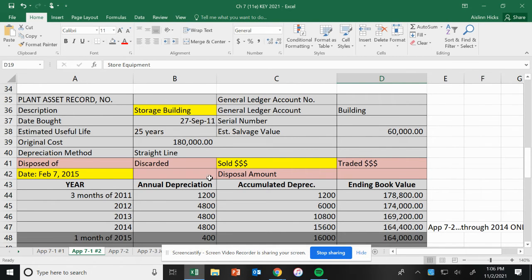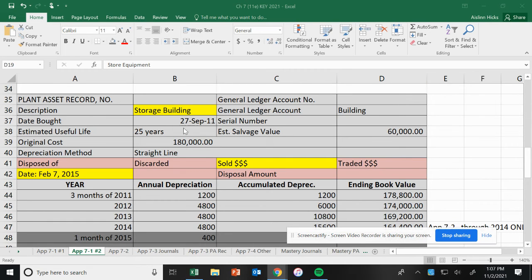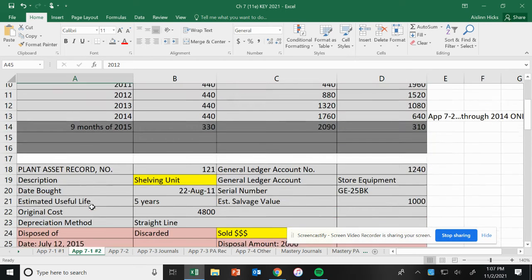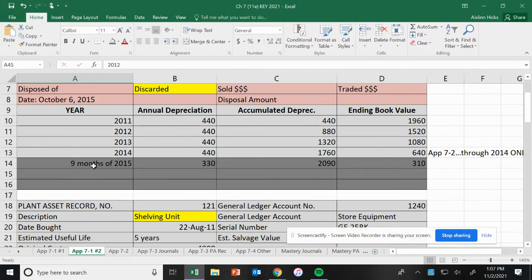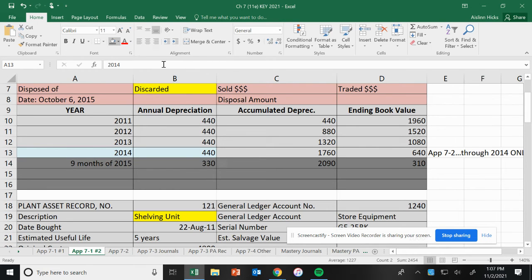So I'm going to jump to the next tab and do an example of journalizing the adjusting entries. While we were in class the other day, I picked journalizing the adjusting entries for 2014. I'm going to make those a nice light blue.